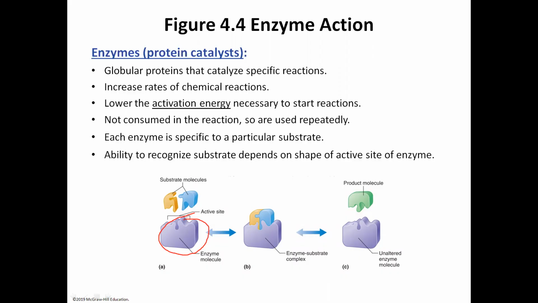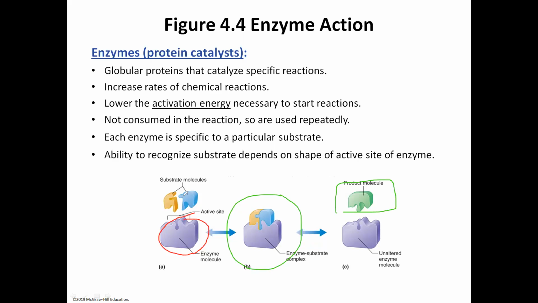When it binds those substrate molecules together and they form this complex between them, it's going to form a product. So the substrate molecules came together utilizing this enzyme, and then we're able to form a product at the end. But nothing changed to the enzyme.